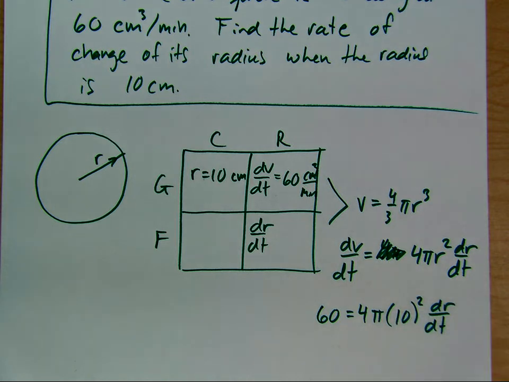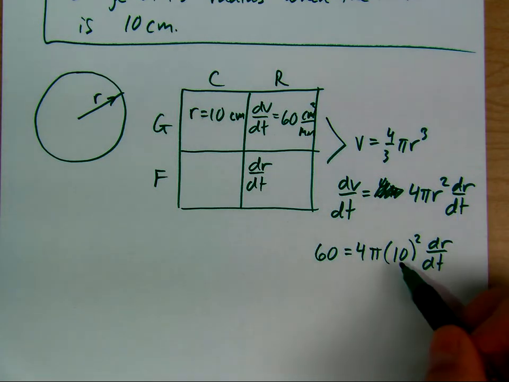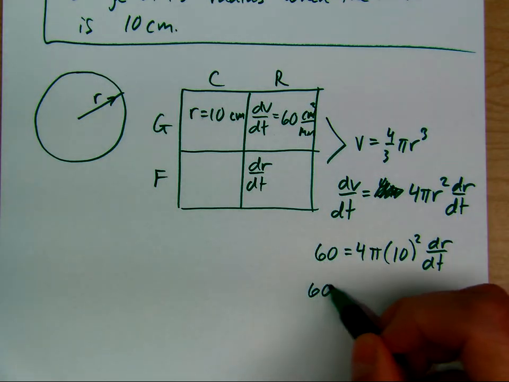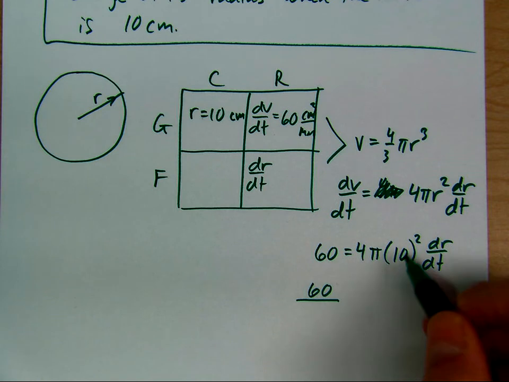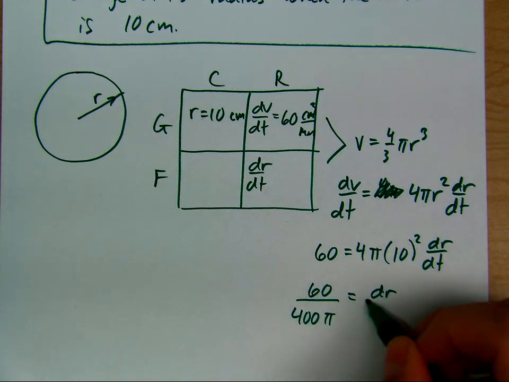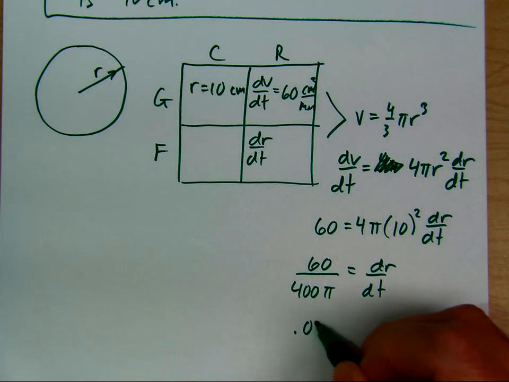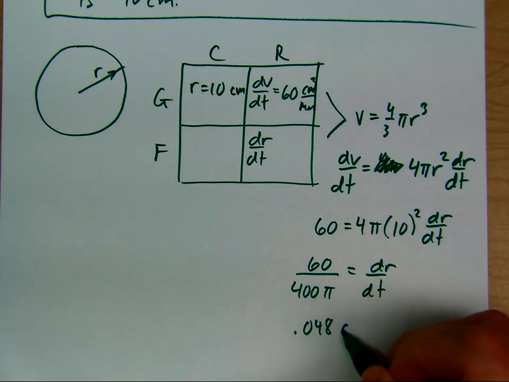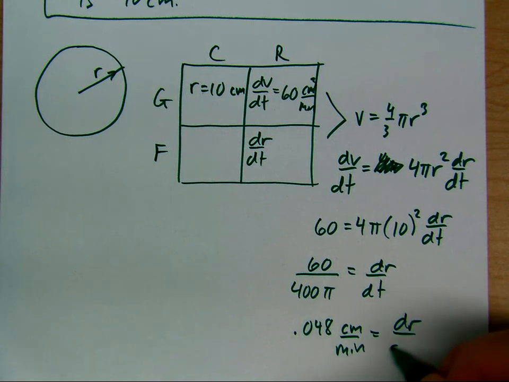And we have 60 divided by 100 times 4, 400 pi. That's dr/dt, and we have 0.048 centimeters per minute is dr/dt.